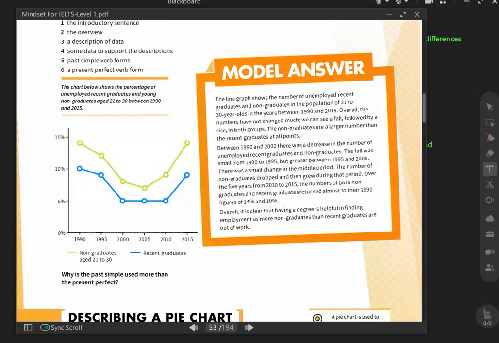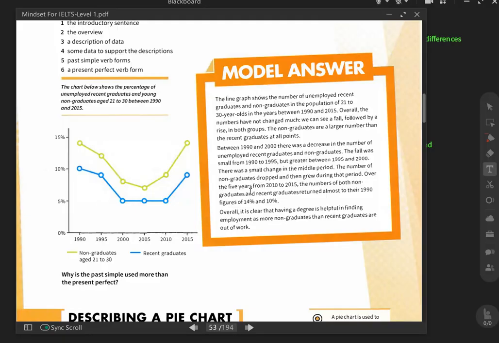The line graph shows the number of unemployed recent graduates and non-graduates in the population of 21 to 30 years old in the years between 1990 and 2015. Yeah, very good. Perfect. This is an introductory sentence or introduction to the overview. The overview.